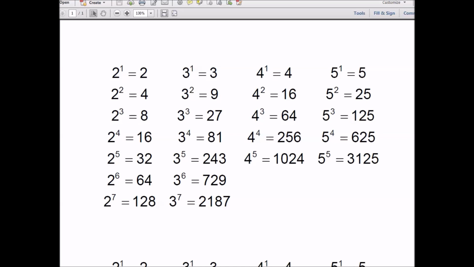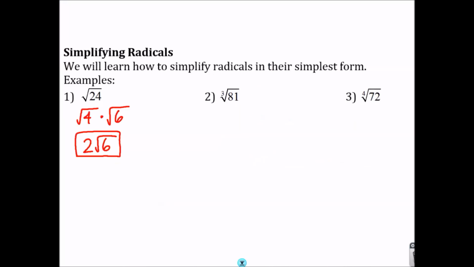The perfect cubes are this third row here, where they're all a number to the third power. So we want to see if any of those are factors of 81. And 27 times 3 gives us 81, so we're going to use that. So I can split up cube root of 81 into cube root of 27 times cube root of 3.